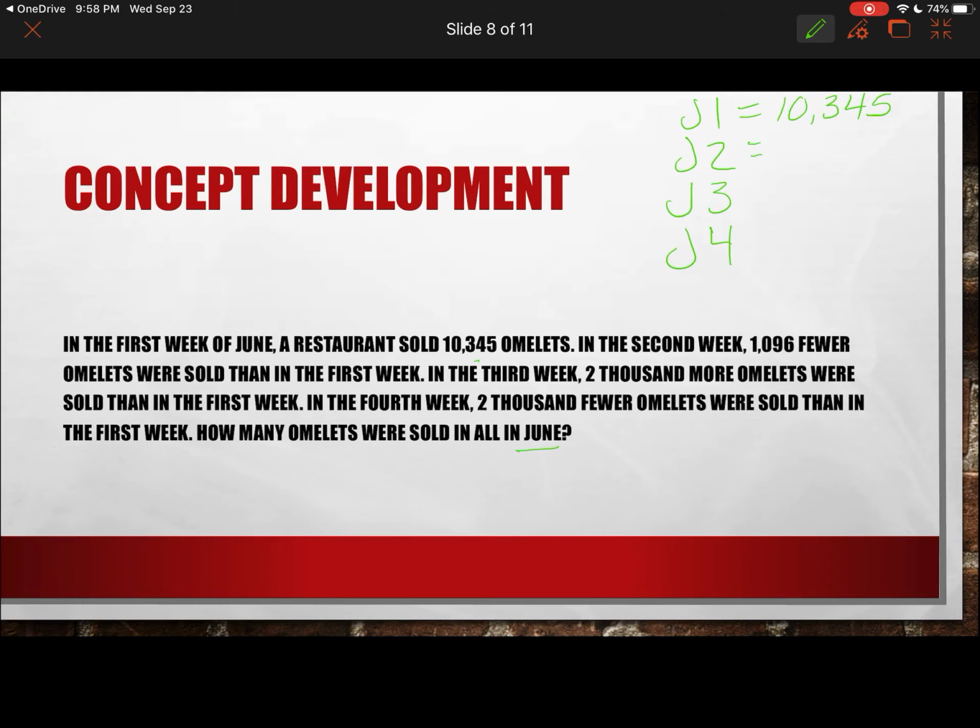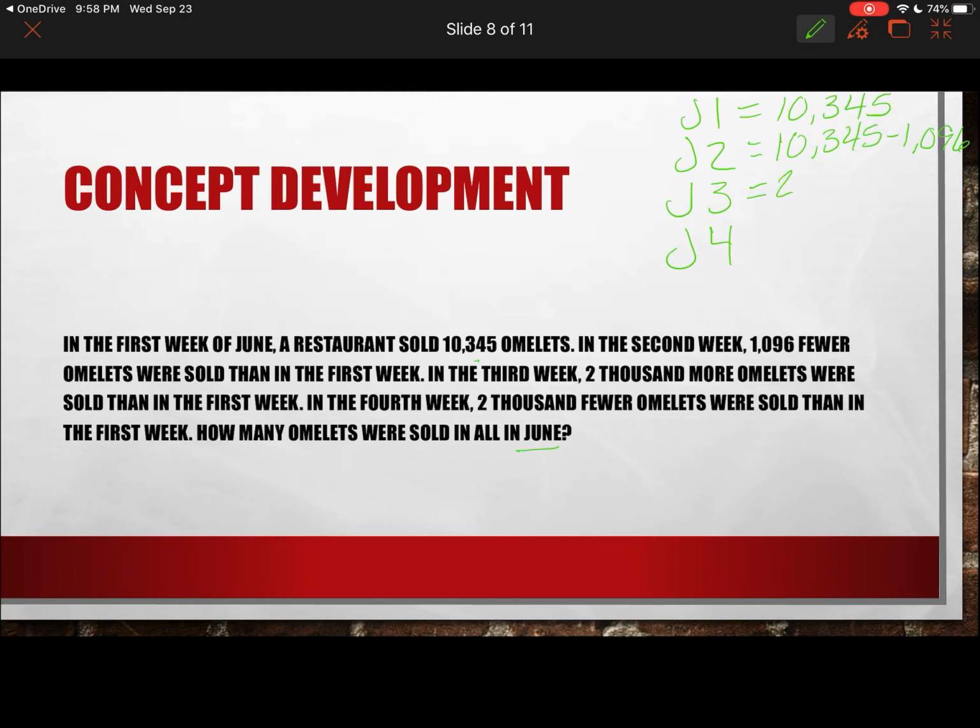The second week, 1,096 fewer omelets were sold than in the first week. So we are going to take our base number from the first week, and we are going to subtract that 1,096 because it says 1,096 fewer omelets. Okay? All right, now for the third week, it says 2,000 more omelets were sold than in the first week.